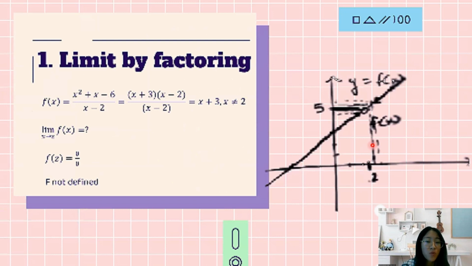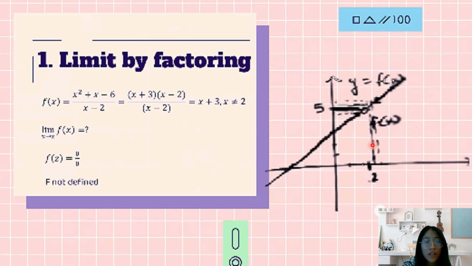Similarly, as we approach from values greater than 2, say 2.5, our f of x is right over there. If we get closer to 2, our f of x is right over there. And once again, we look like we are approaching this value.